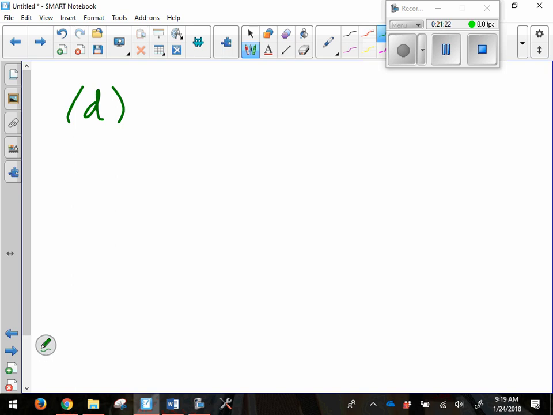Yeah, but what's the variable that goes with, well, passes through the origin means what? I'm looking for the, and we don't talk about displacement, we're talking about what? Position. And what is the letter that goes with position? S. So I want to know when S of t is equal to 0.